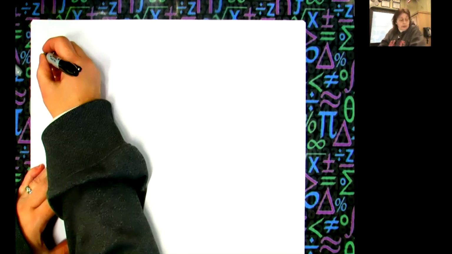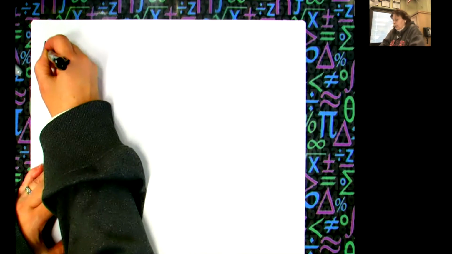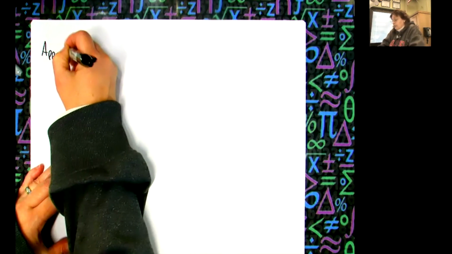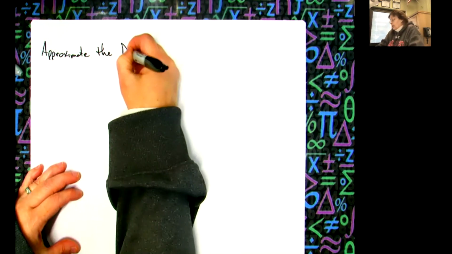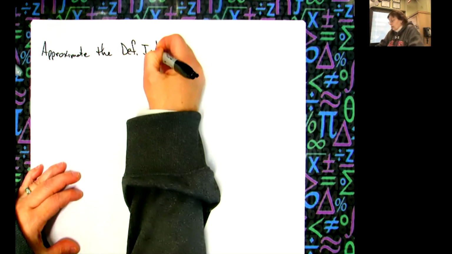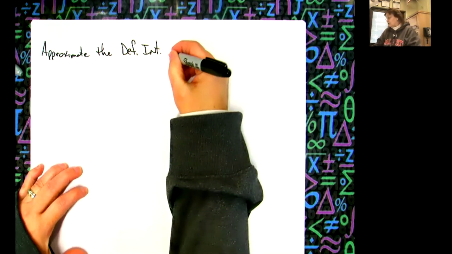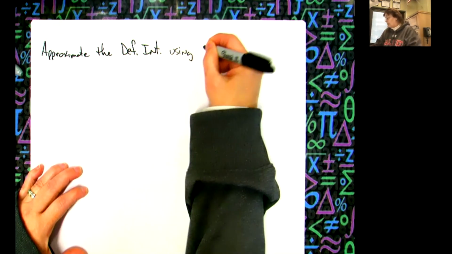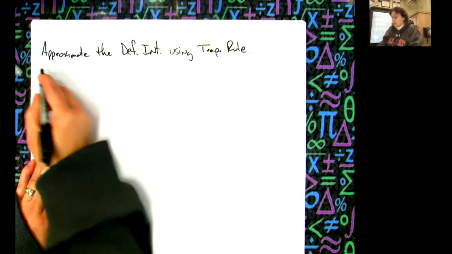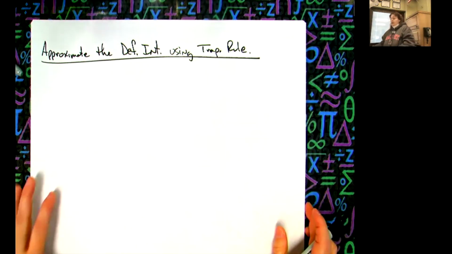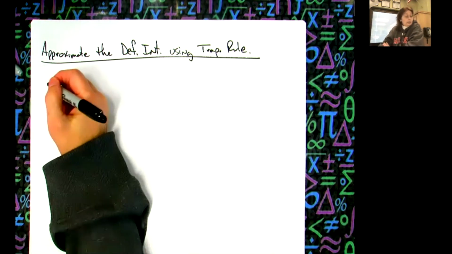Okay, so let's suppose it just tells you to approximate the definite integral, and I'm going to abbreviate so that we don't write so much stuff here, using the trapezoidal rule.